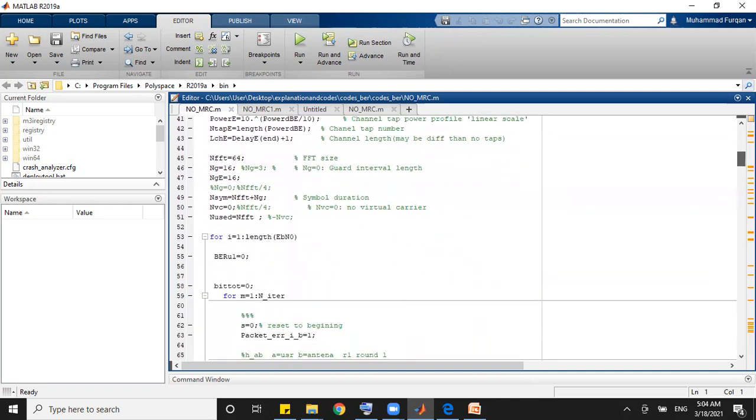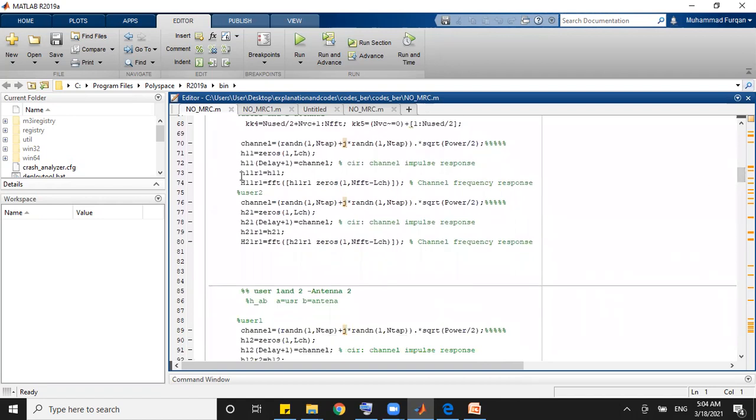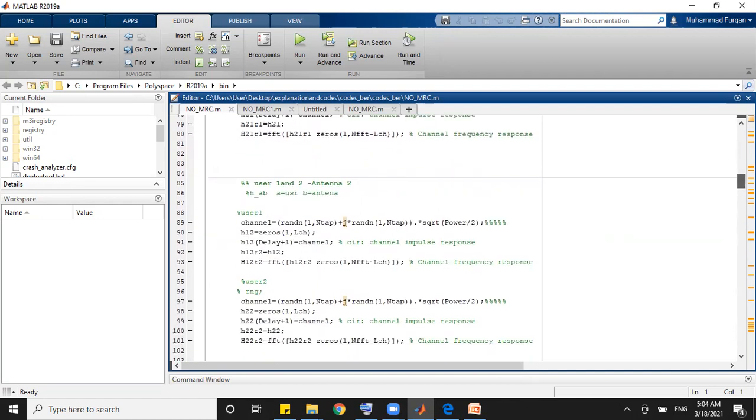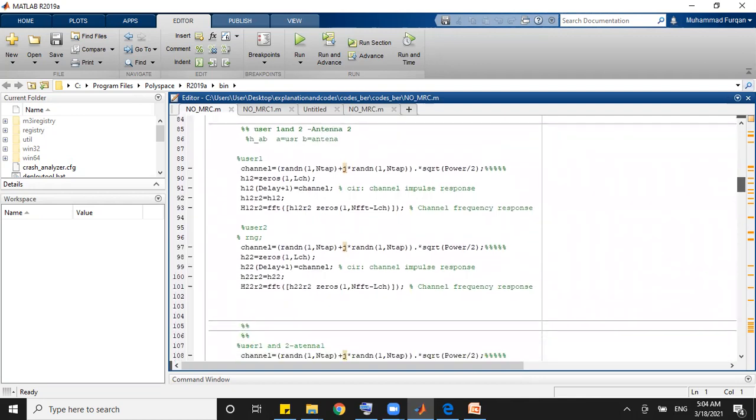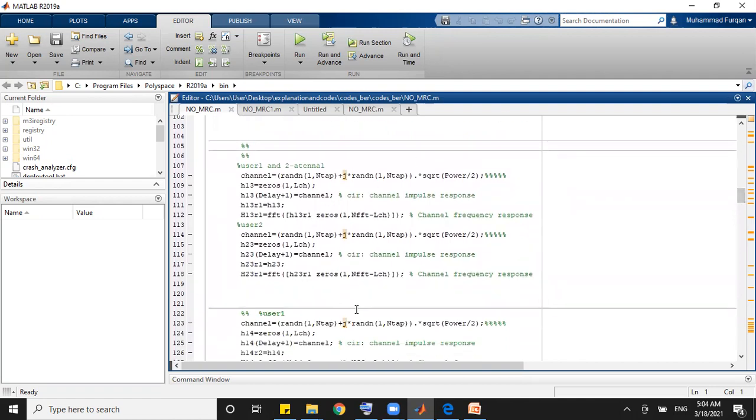Then we have designed the channel between user 1 and antenna 1, user 2 and antenna 1. Then there is a channel between user 1 and antenna 2, user 2 and antenna 2, and we design the channel as follows. Similarly, we design the channel for the eavesdropper.